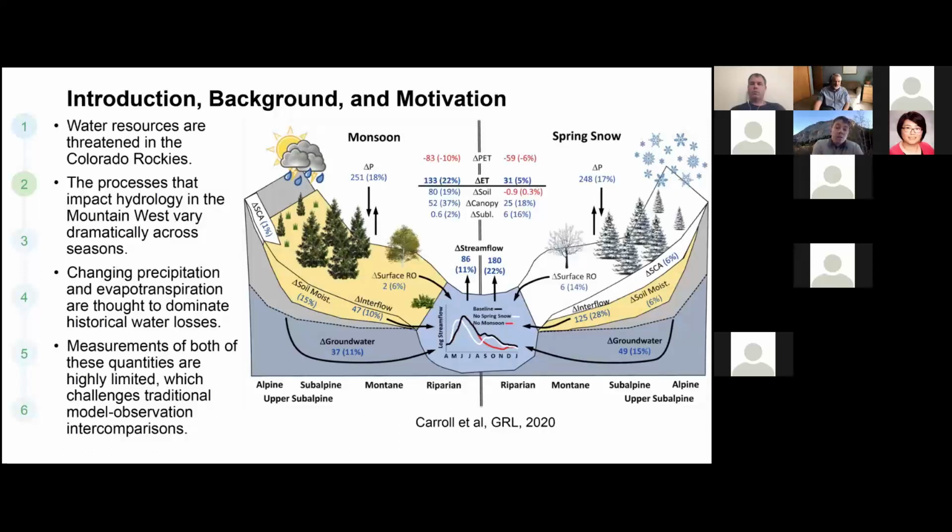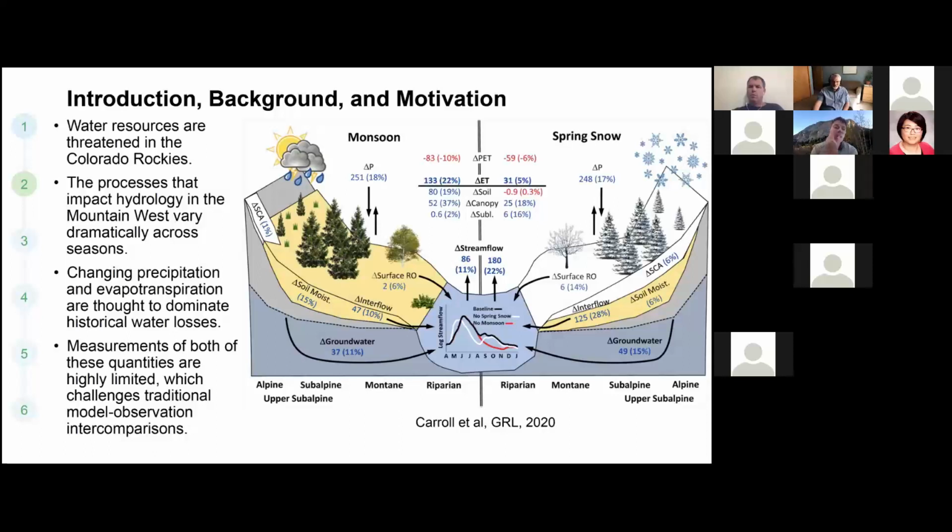And there's concern that it will be decreasing even further in the future, and that there are a wide range of interacting processes that impact hydrology within the atmosphere, surface and subsurface, and they have dramatic seasonal variations. Looking at the big picture, the changes in precipitation and evapotranspiration are thought to be dominating the historical water losses.